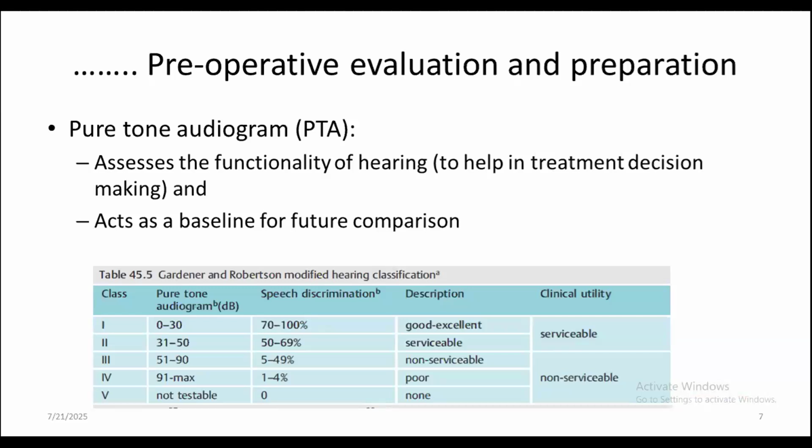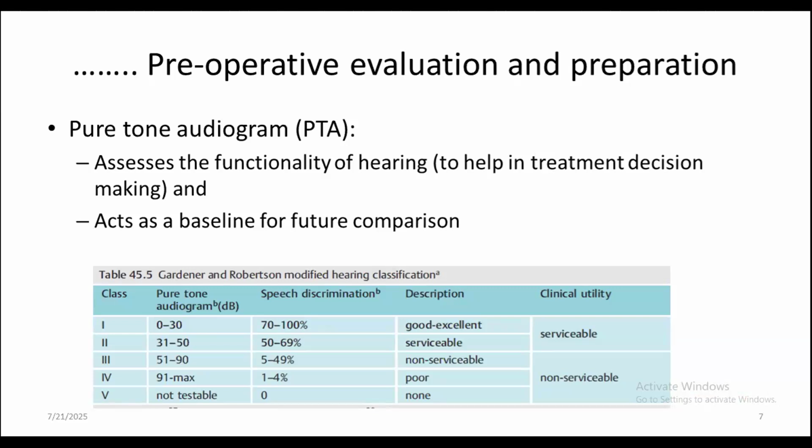And pure tone audiogram is an indispensable tool also to assess and have a baseline of the hearing function in the patient, as well as assess for the level of deficit, and then also help in determining whether the patient will go for a hearing sparing procedure or not.